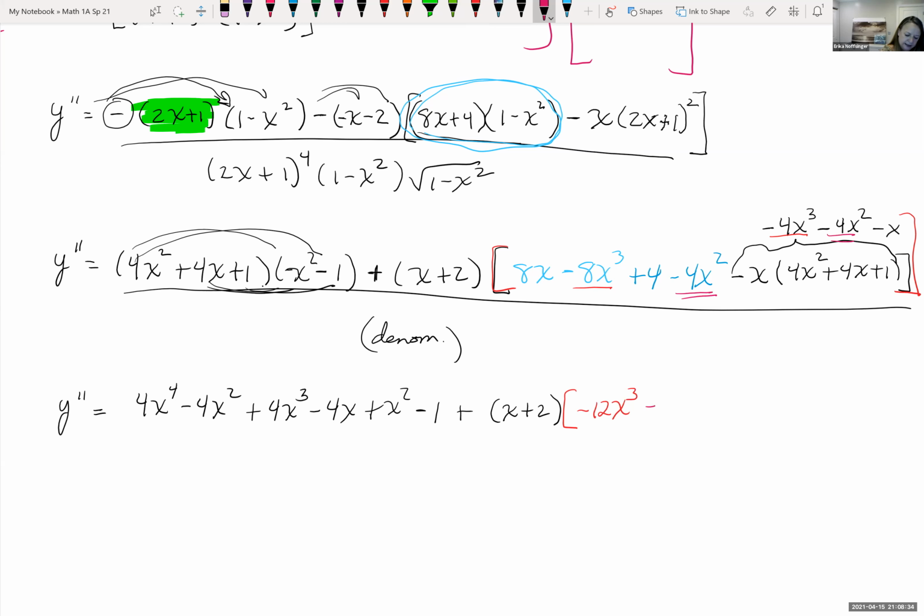That's a negative 8x squared. And then any terms with x. So we have a positive 8x and a negative x, so that's plus 7x. And then any constants. Only constant I see is plus 4.